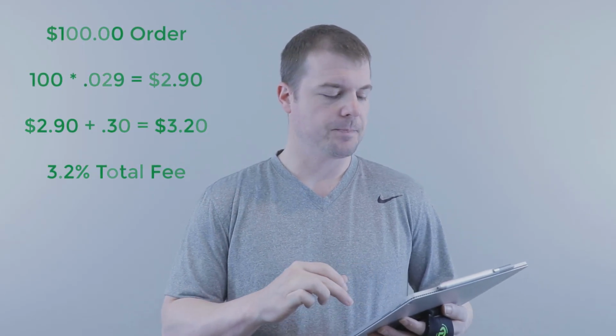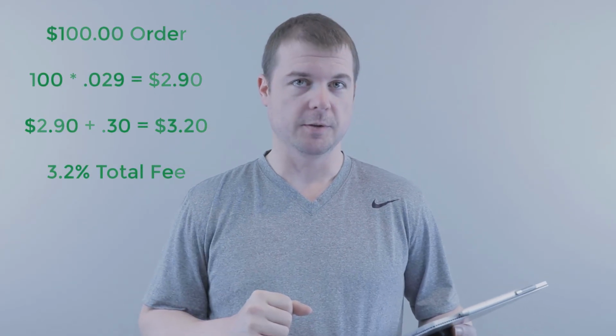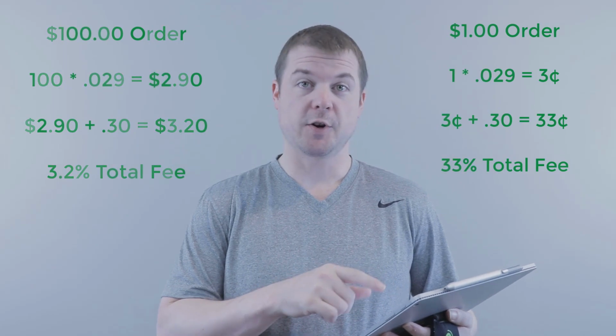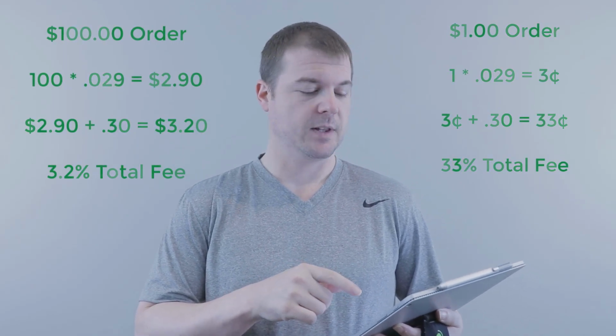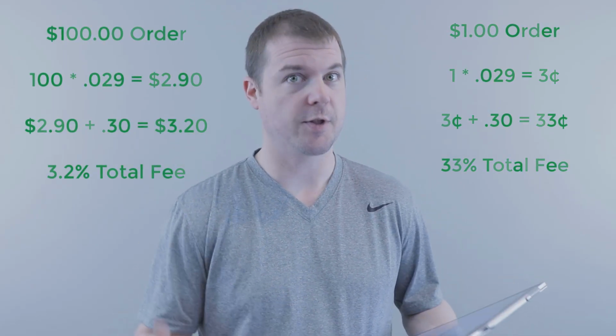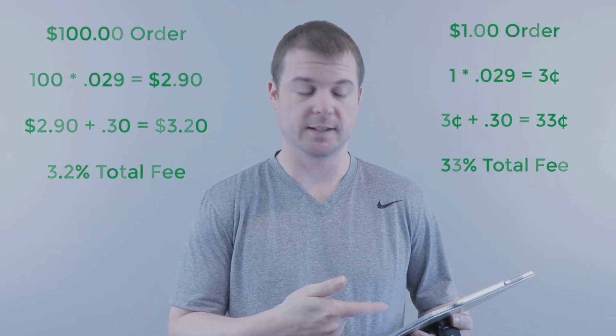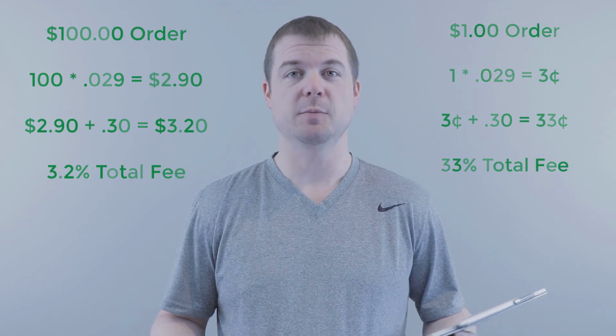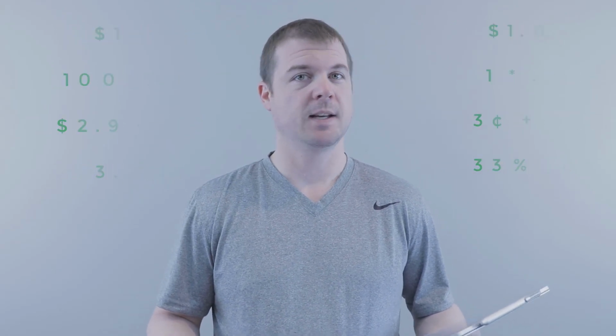If you were to take a $1 order though, instead of $100, all of a sudden you've got a 33-cent fee. The 2.9% plus that 30 cents ends up being 33 cents total. That's a 33% fee that you paid on that dollar you received. Obviously that's not what anybody wants to be doing, and that can really chew up your revenue over the course of a year.